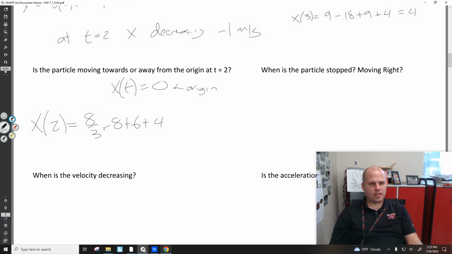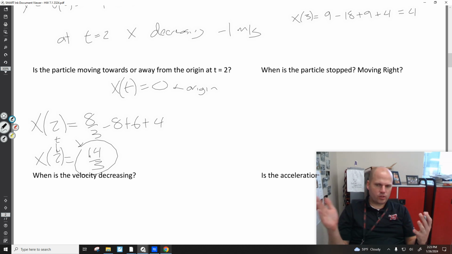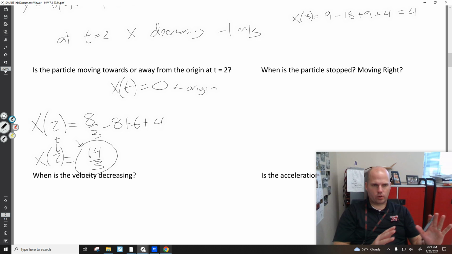And I get 10 minus 8, which is 2. 2 is 6 thirds plus 8 thirds, 14 thirds. And that makes sense. Okay, now, again, what does this mean? When time is 2, I am located 14 thirds to the right of the origin.